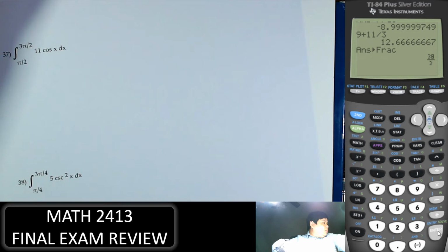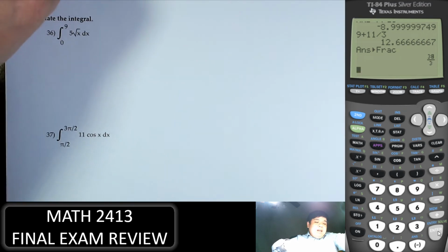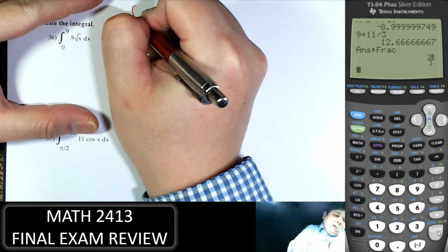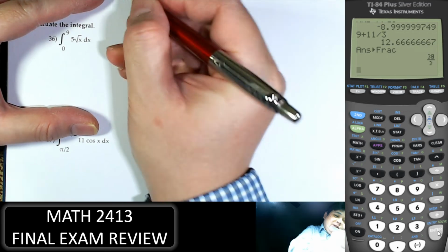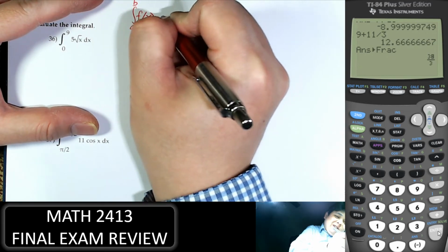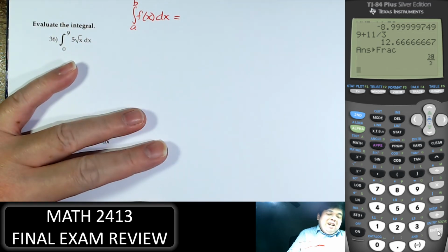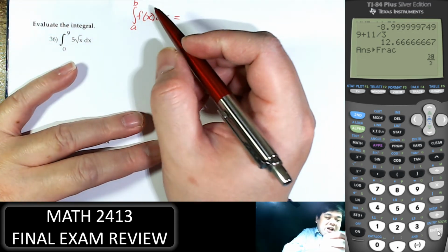Right, what we have here is the fundamental theorem of calculus. It is too fundamental. We don't even have a formula for it. Actually, there's a formula, but it will not be given. Right.